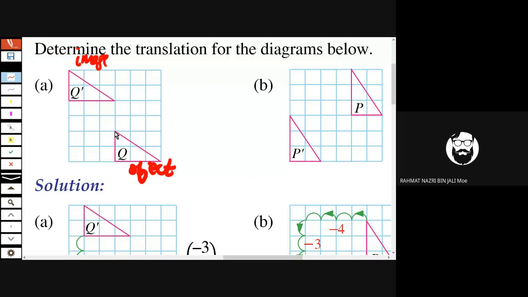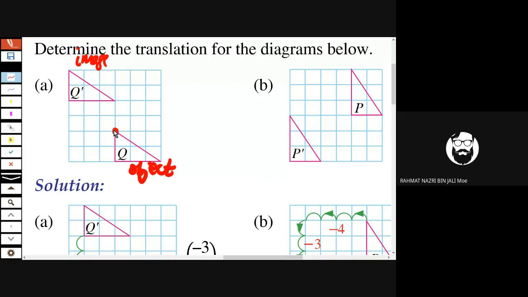Let me take any corner from this object, let's say this point. Before we continue with the movement, we have to identify the location of the image. The image is located on the left of the object and upward to the object.